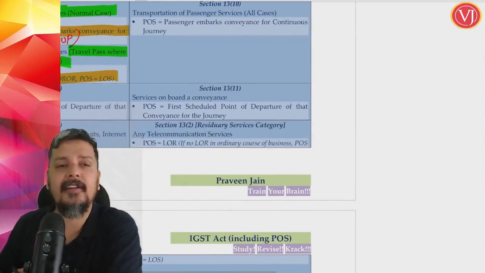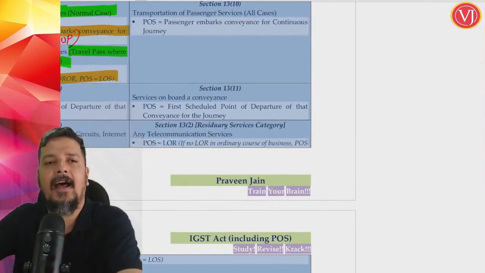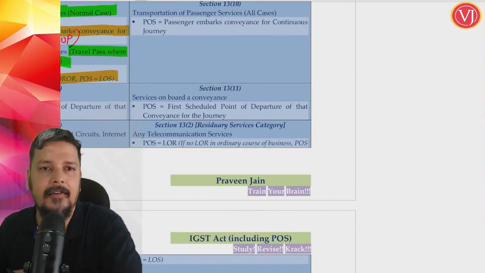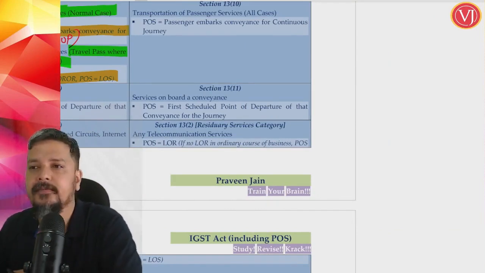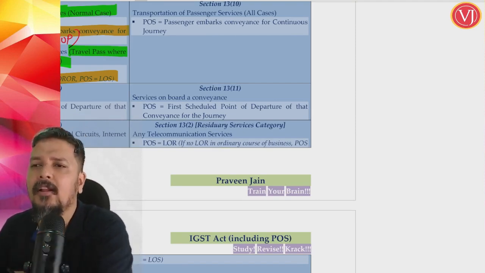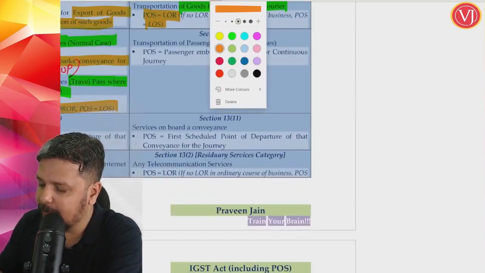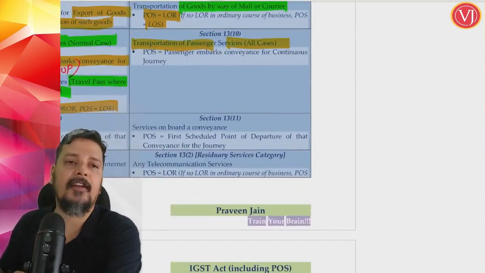What if it is section 13? Either the airline is outside India and passenger is of India, or the airline is of India, passenger is outside India, LOS or LOR is outside India. You are going to take section 13, transportation of passengers. Now no bifurcation.